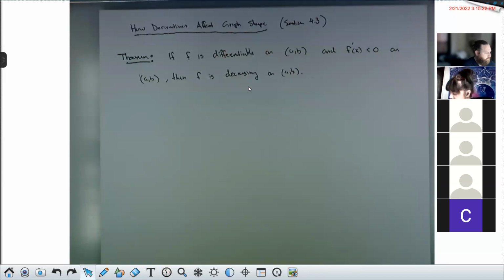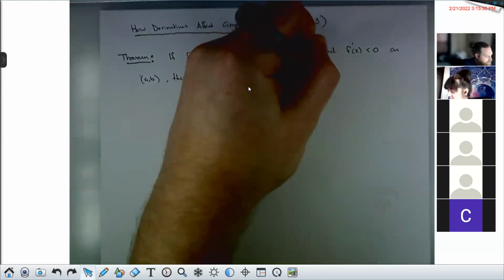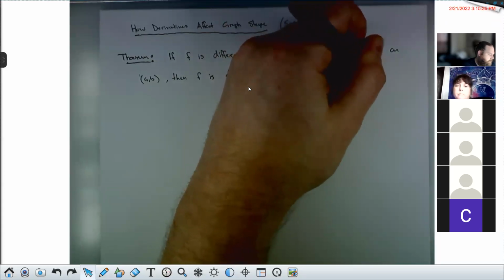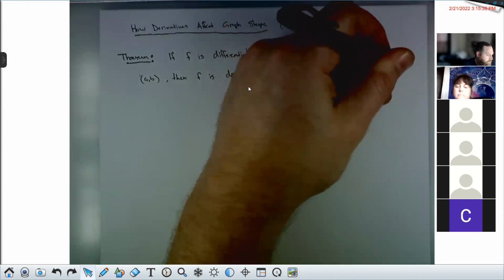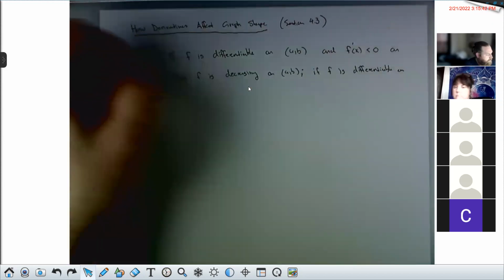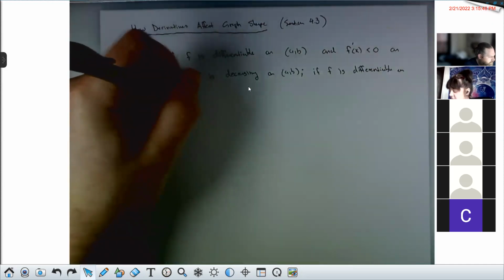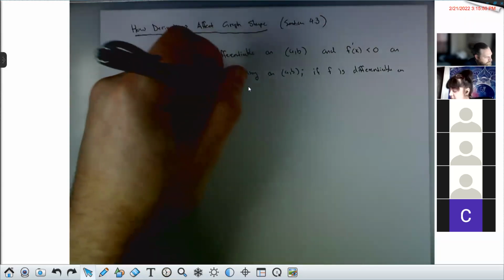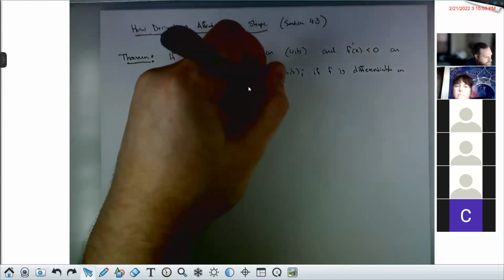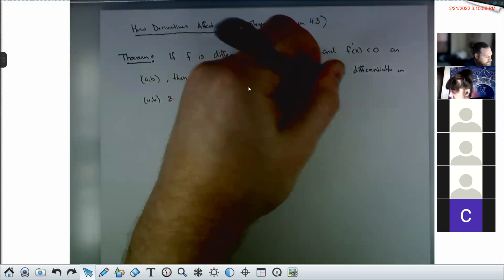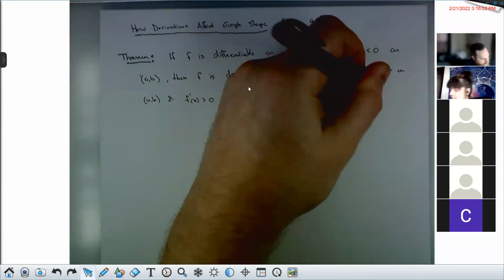And if you turn this around a little bit, so maintaining your differentiability, you could say if f is differentiable on the open interval AB and f primed of x is greater than 0 on the open interval AB, then f is increasing on the open interval AB.